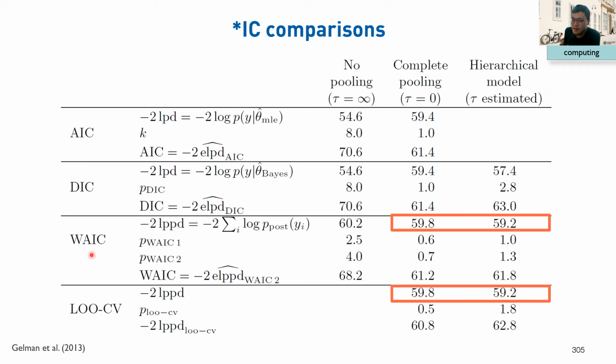And this WAIC is already taking into consideration the goodness of fit and the model complexity. So it is already taken care of. So when you are reporting the WAIC score, it is already a balance or a trade-off between the ideas that we talked about, goodness of fit versus complexity.